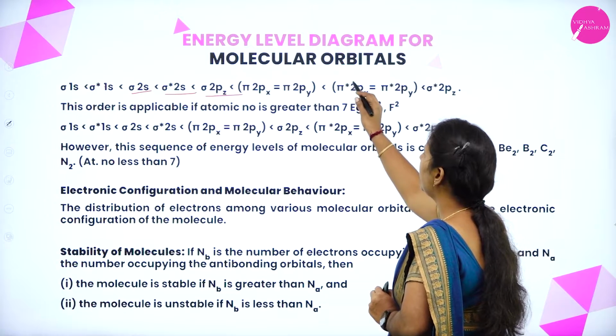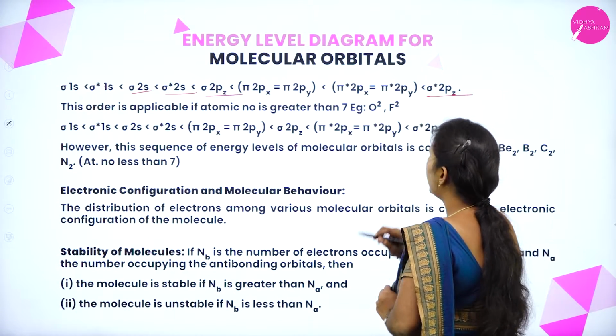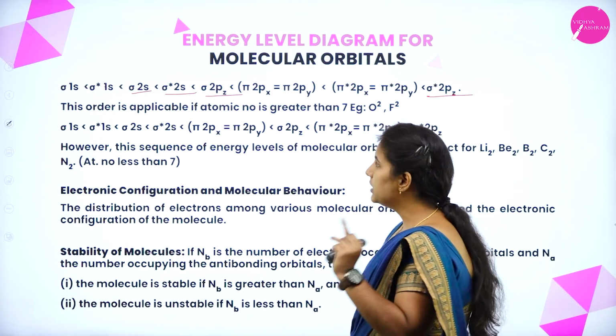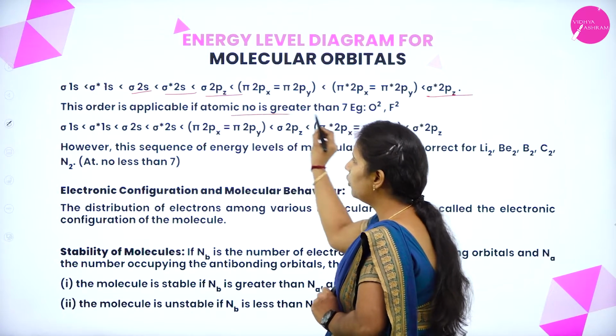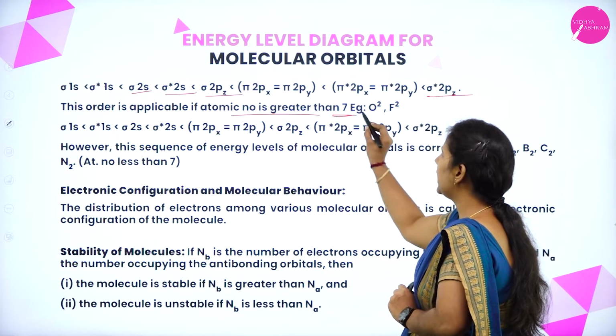Similarly, then pi star 2px and pi star 2py, and finally sigma star 2pz. This order will be applicable only if the atomic number of the element is greater than 7.